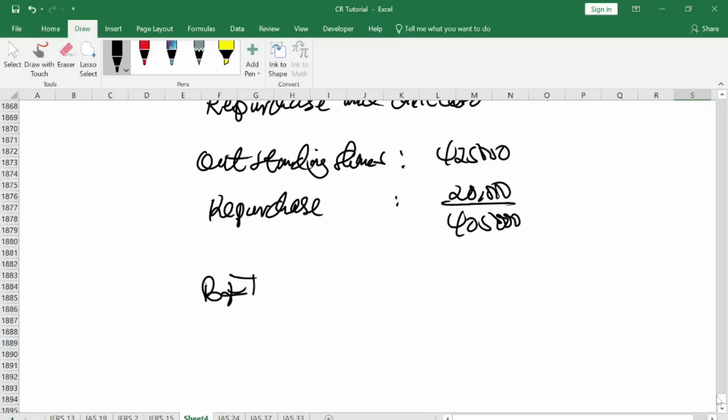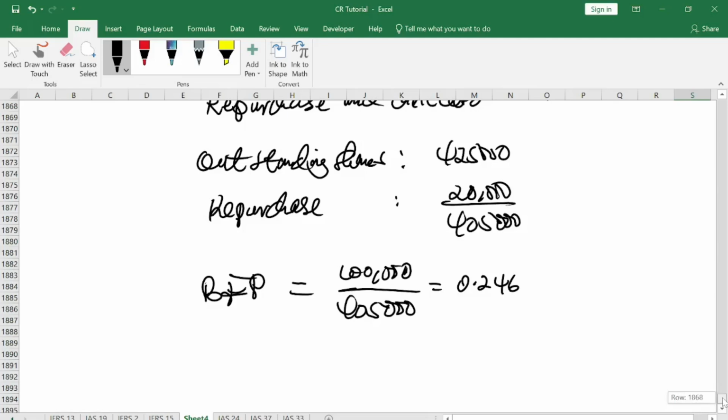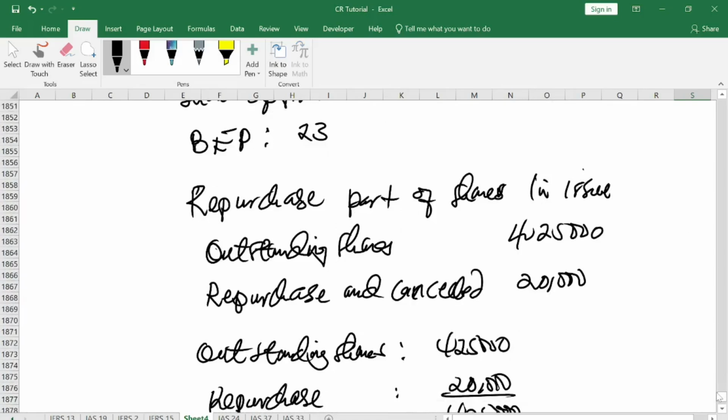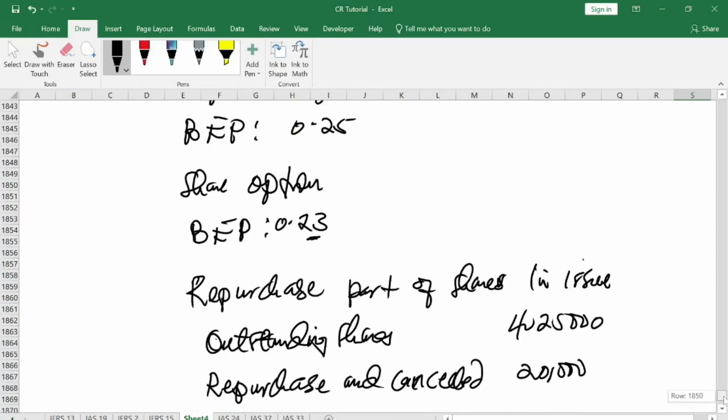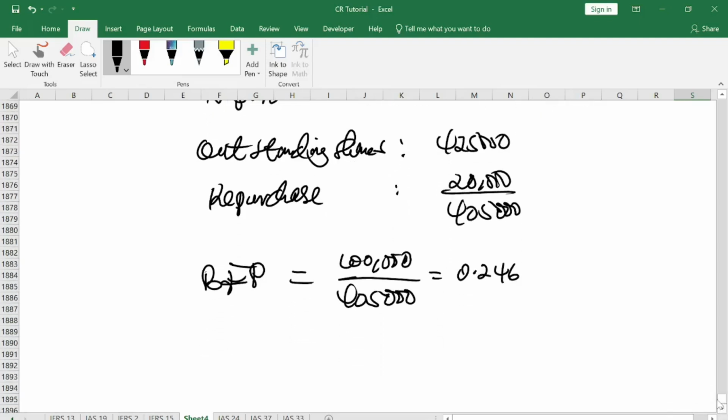Your basic earning per share is 100,000 profit over 405,000, which gives 0.246. Now compare the two. After the share option, basic earning per share is 0.23. After you've repurchased to offset the share option, it has moved up here. Alright, so basically that is the explanation of share options.